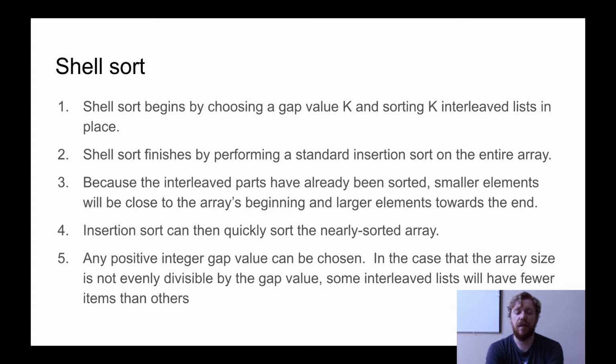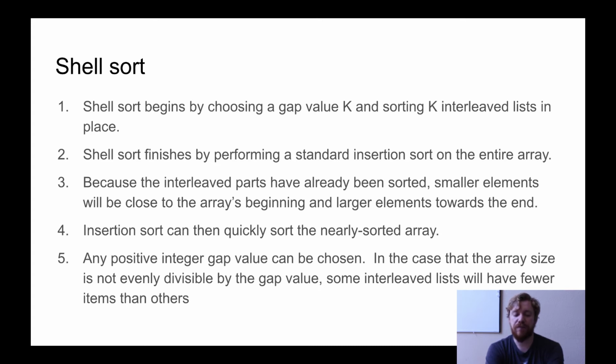K is just a variable representing some sort of number. And then what it will do is it's going to sort k number of interleaved lists in place. Shell sort then finishes by performing a standard insertion sort over the entire array.